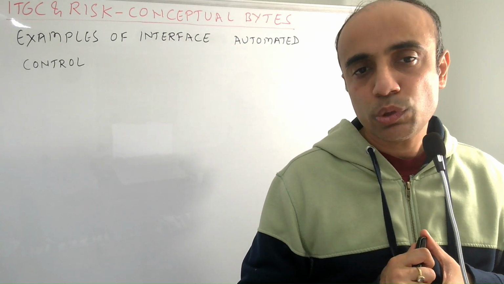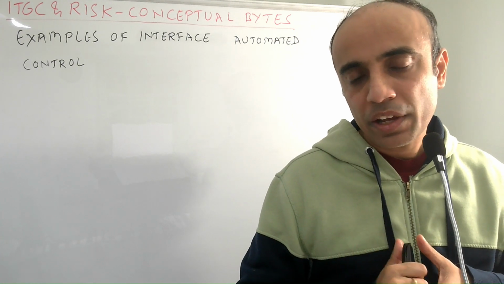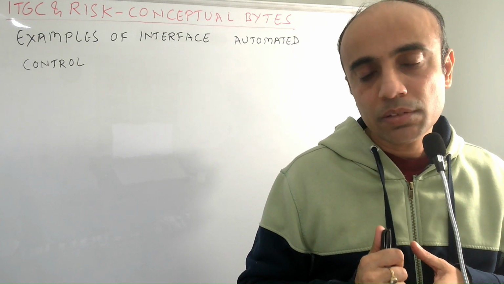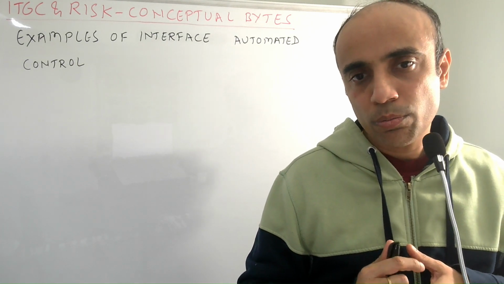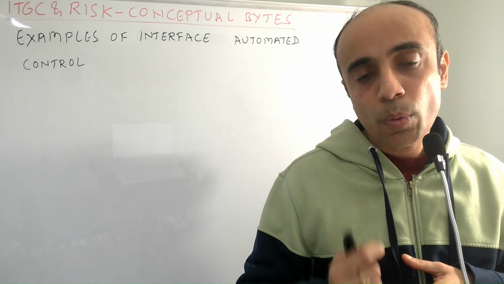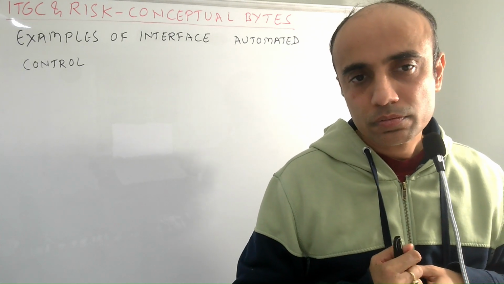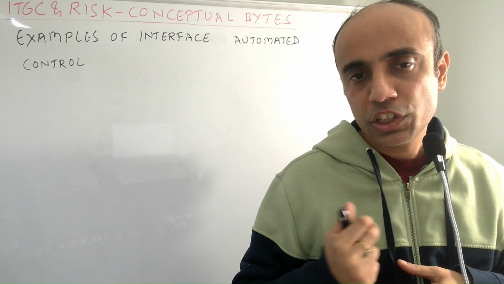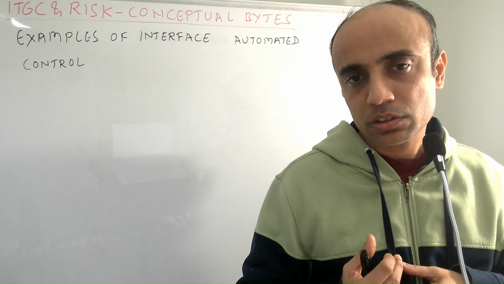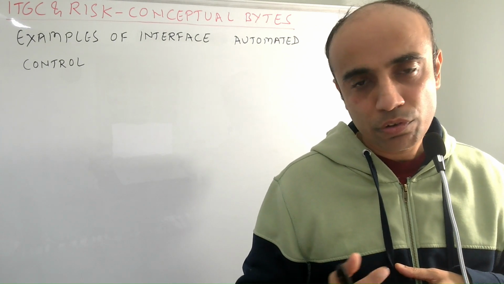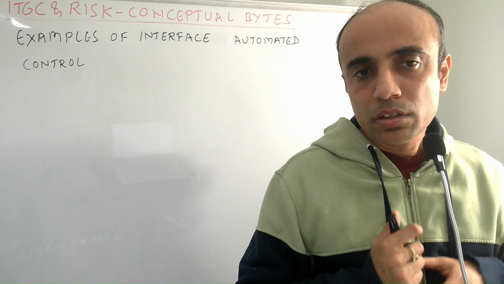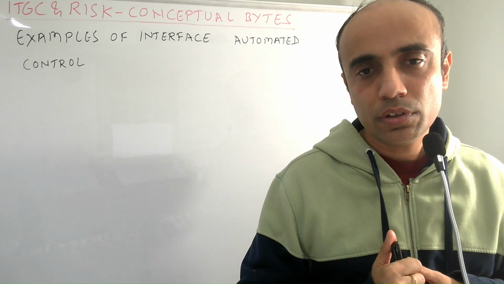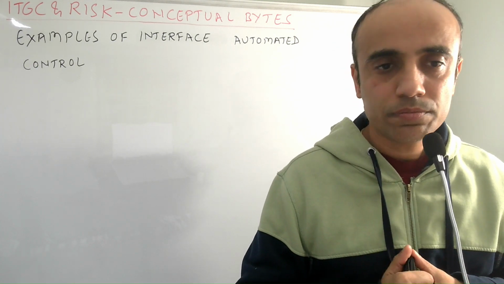Next is the interface between the core banking application and the AML application, the anti-money laundering application for monitoring, another common example from the banking world, wherein the data from the core banking application is shared with the AML application so that it can be monitored for fraud. That happening in an automated way through an interface is an example of an interface automated control.